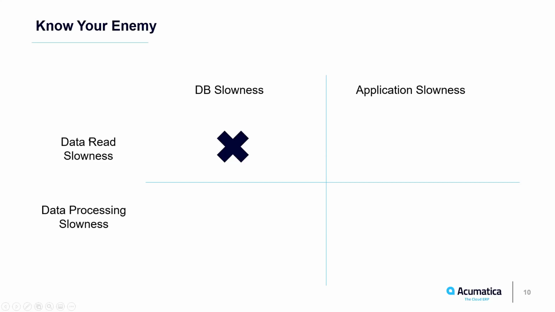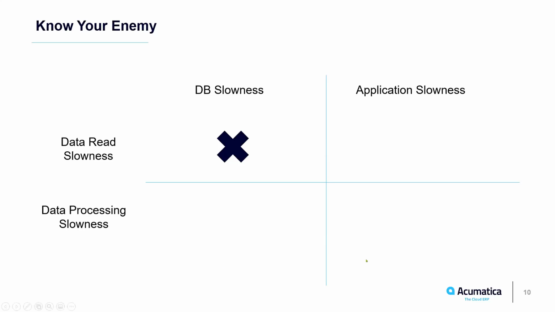And we also introduce an additional layer: data read slowness and data processing slowness. So usually it is a good thing to distinguish between whether it's just retrieving data and displaying it to the user being slow, or whether it's some process that does something with the data being slow.